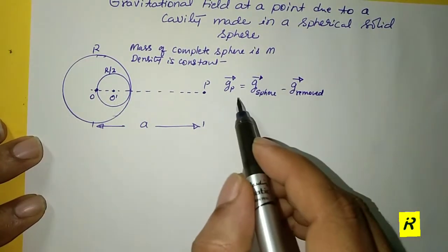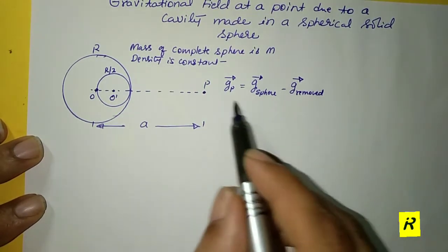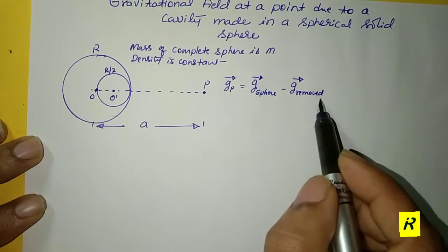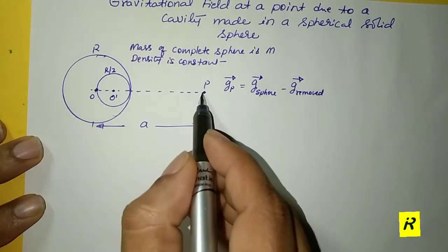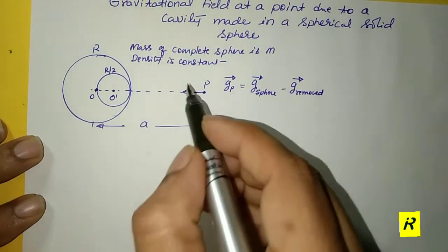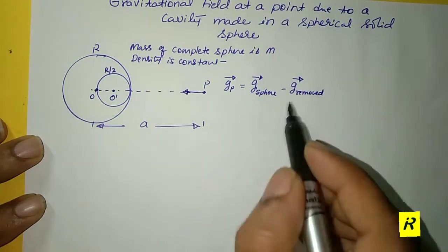So now I am simply using the magnitude further, just saying g sphere and g removed are acting in the same direction, both are acting in the same direction like this. So for this, we simply make use of the magnitudes of all these things together.